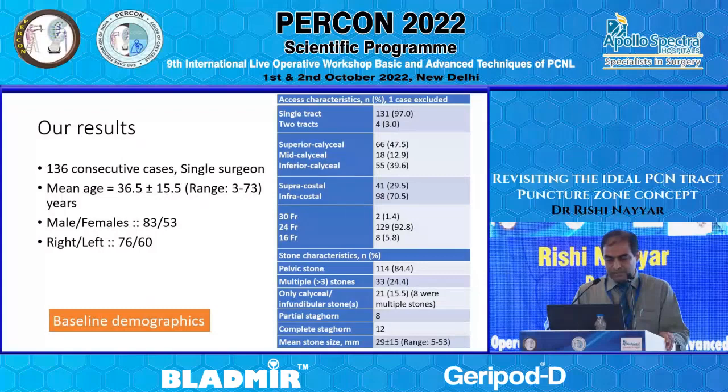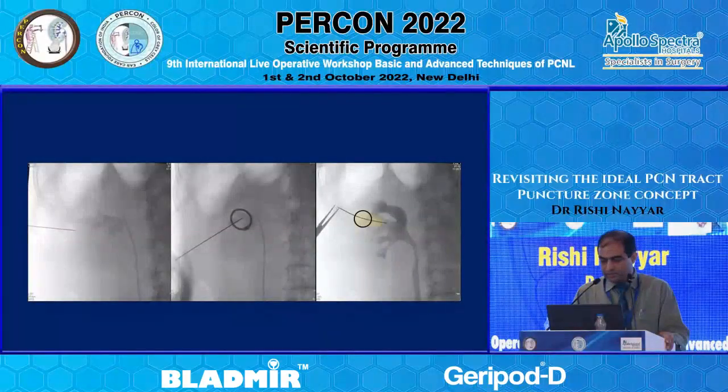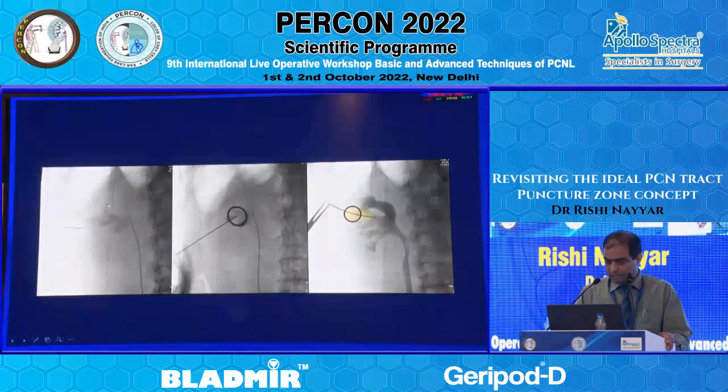We have done 136 consecutive cases, and if time permits, I have a few cases to show. In this particular case, this is a multi-horn staghorn, and the middle posterior calyx was chosen for puncture. As you can see, these are long, narrow calyces, and therefore a small puncture zone was available.